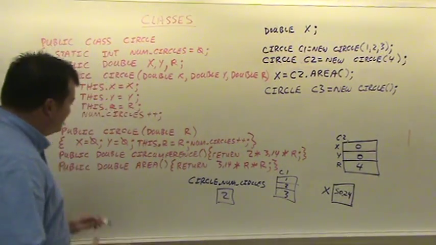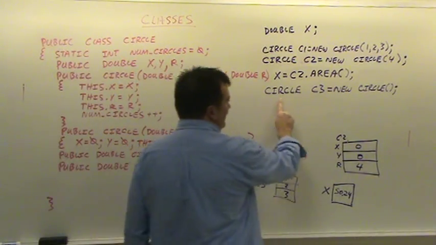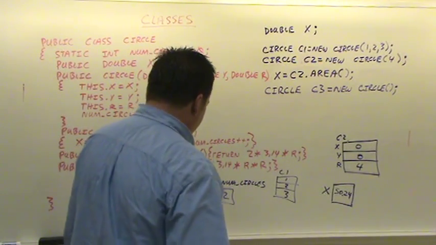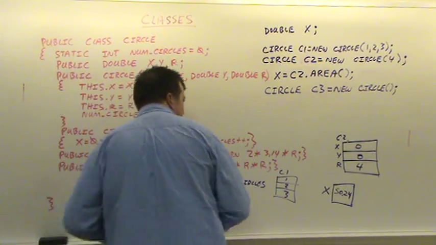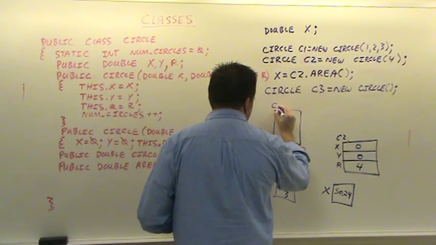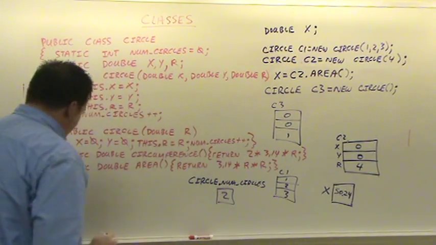Oh, okay. So if we wanted to have a default circle, in other words, let's say we wanted people to do this, what do we want? We want a new piece of storage called C3, and we want it to be 0, 0, 1.